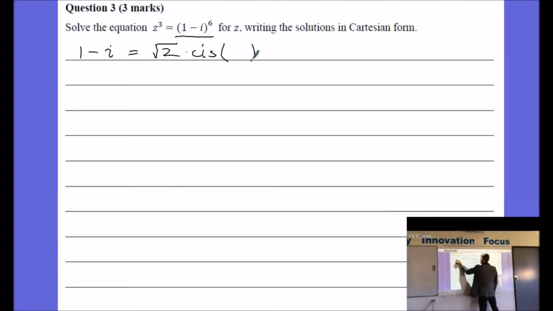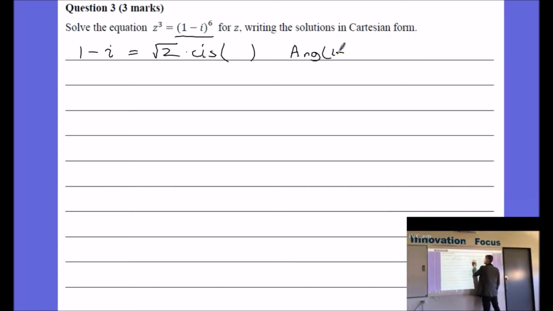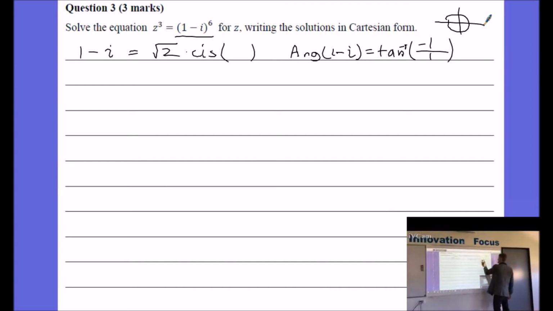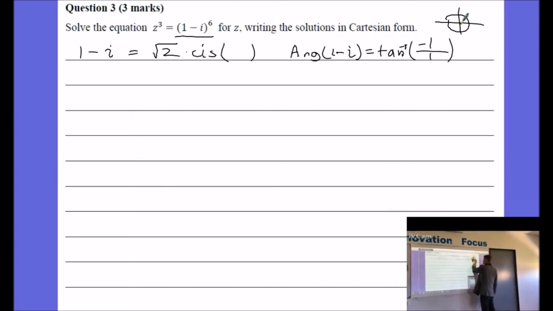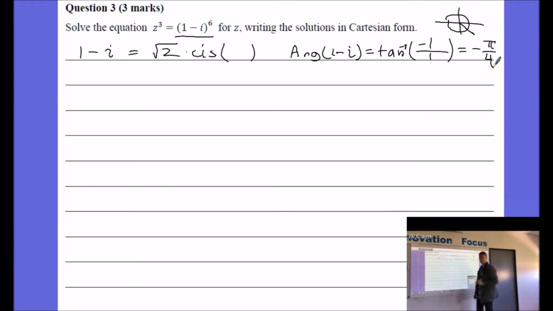So our argument is, we can find that using an inverse tan ratio perhaps, that just taking the number straight from this, so we get -1 in the imaginary, divide 1 in the real, so we can check to see whereabouts that is in the Argand diagram. -1 in the imaginary, so it's downwards, positive in the real, down here in the fourth quadrant, and that's going to give us a negative pi on 4 angle. Okay.